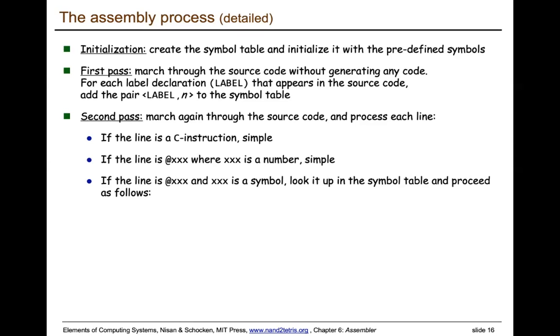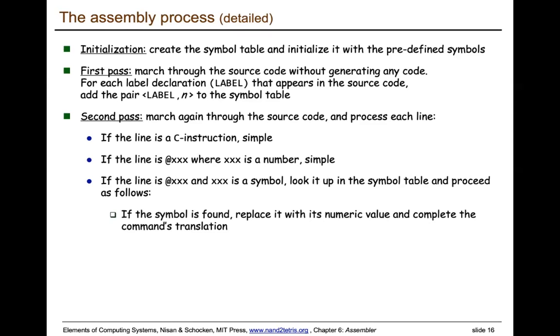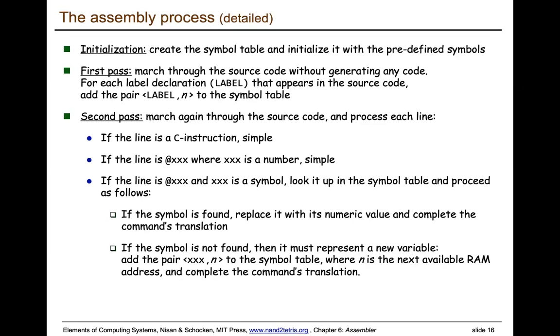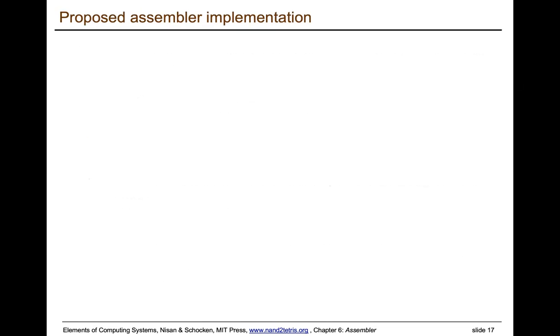A instruction and C instruction are simple, you just replace. And if you have a symbol, you will have 2 possibilities. One is you find that symbol in your table, so you directly use the numerical value. Otherwise, you insert a new entry into the symbol table. So this is the whole thing for implementation.